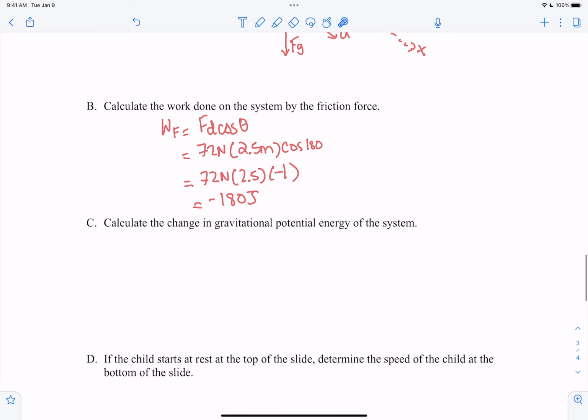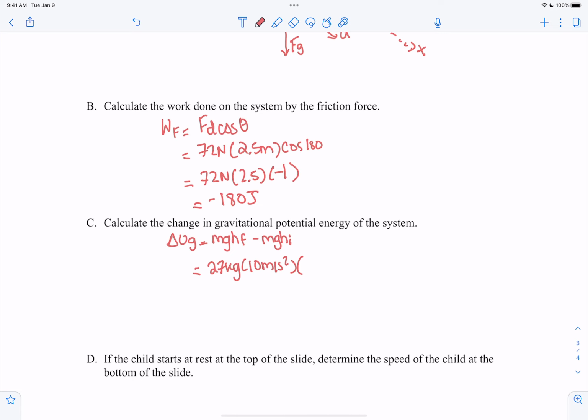But yeah. Now when they're asking you for the change in gravitational potential energy, right? So the change in gravitational potential energy gives us mghf minus mghi. We have a mass of 27 kilograms for the child, times 10 meters per second squared for the gravity.